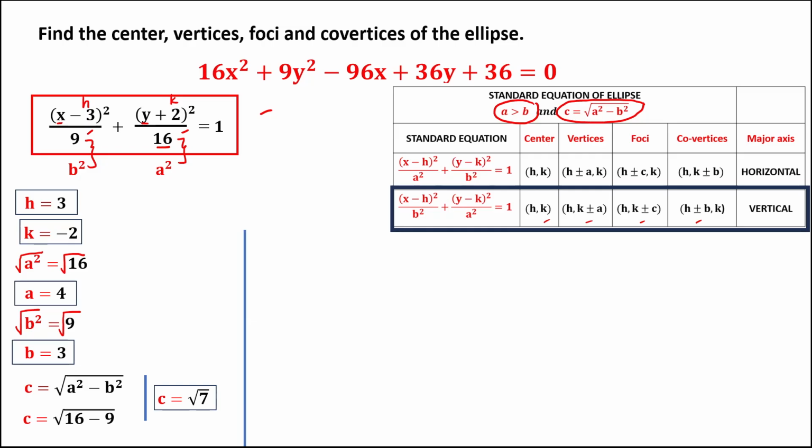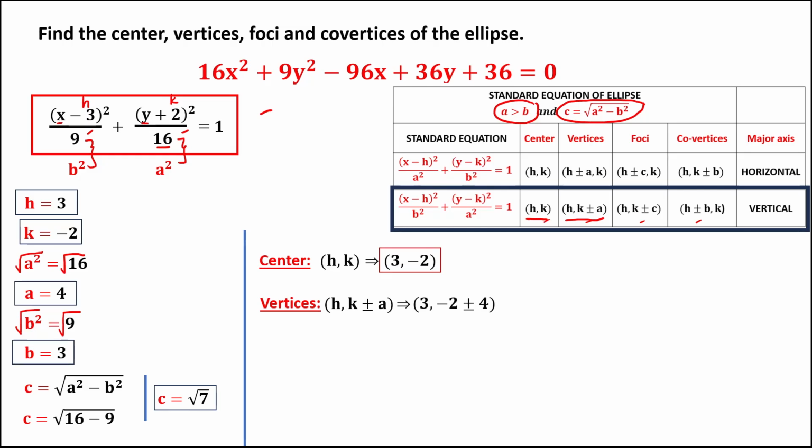So to find out the center, since center is h and k, the center is positive 3 and negative 2. Then for the vertices, this is now the formula for the vertices. So we have h, then k plus and minus a. Then substitute now the values. So h is positive 3, k is negative 2, and a is positive 4.